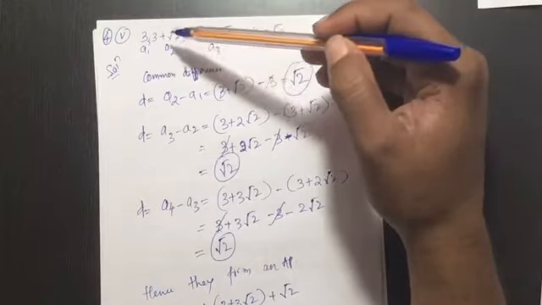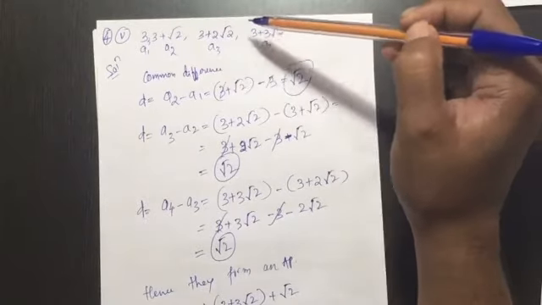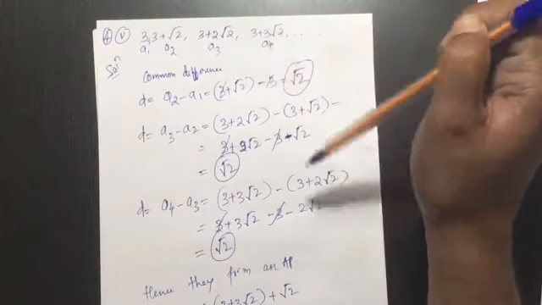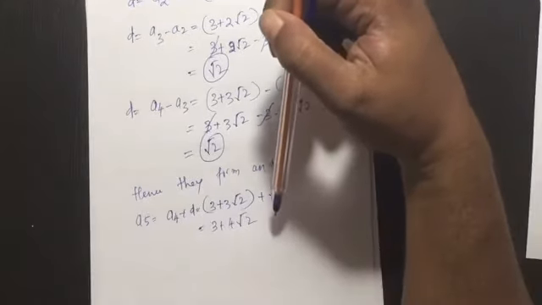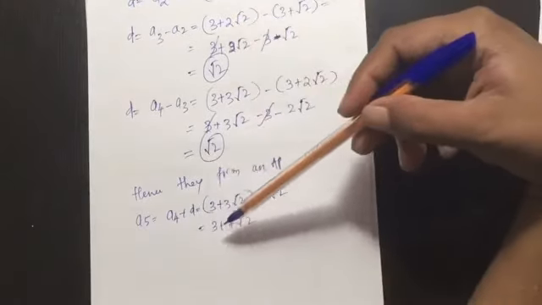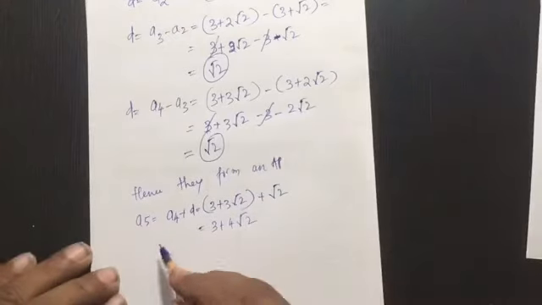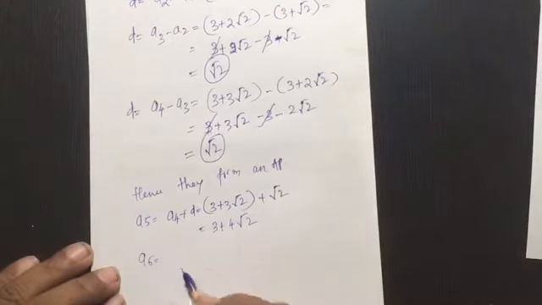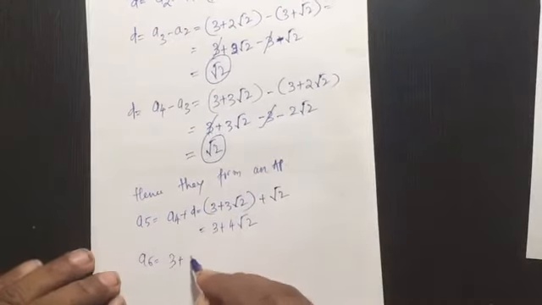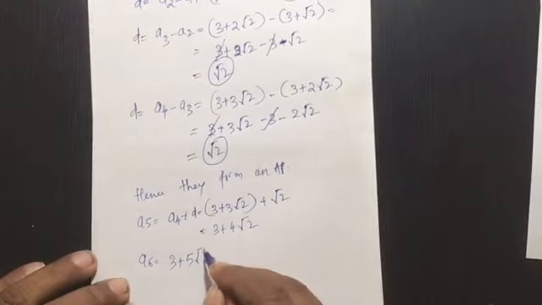So there is an increase of root 2 by 1 each time. In the fifth term, we are getting the value 3 plus 4 root 2. So I can directly write A6 is equal to 3 plus 5 root 2.